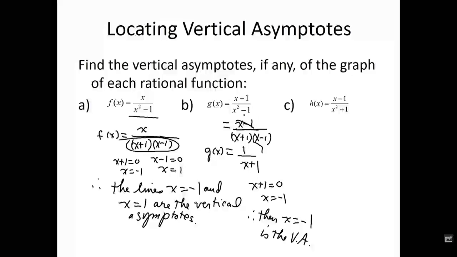In the last example, the rational function h of x is defined as x minus 1 divided by x squared plus 1.